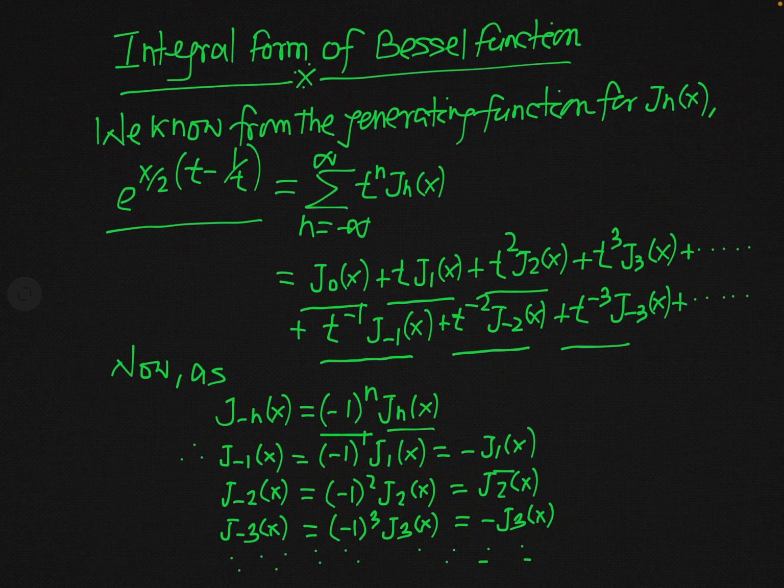Similarly, J minus 3 of x is equal to minus 1 raised to the power 3 J3 of x, and as you know, minus 1 raised to the power 3 is simply minus 1, so that will be minus J3 of x. In a similar manner, you can evaluate the other Bessel functions of this type, J minus n of x.